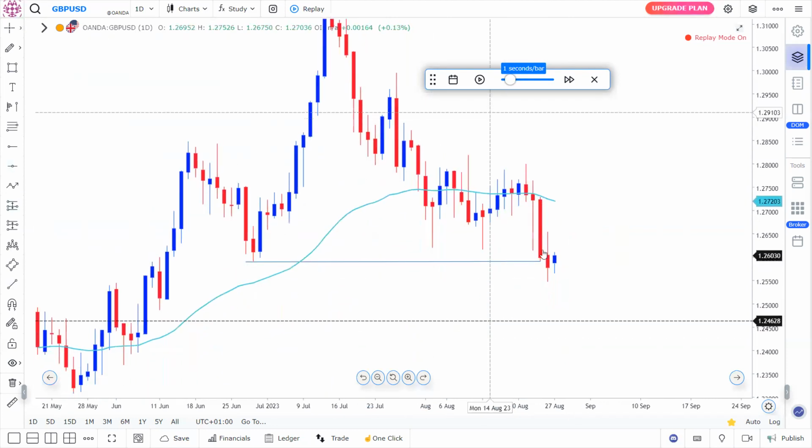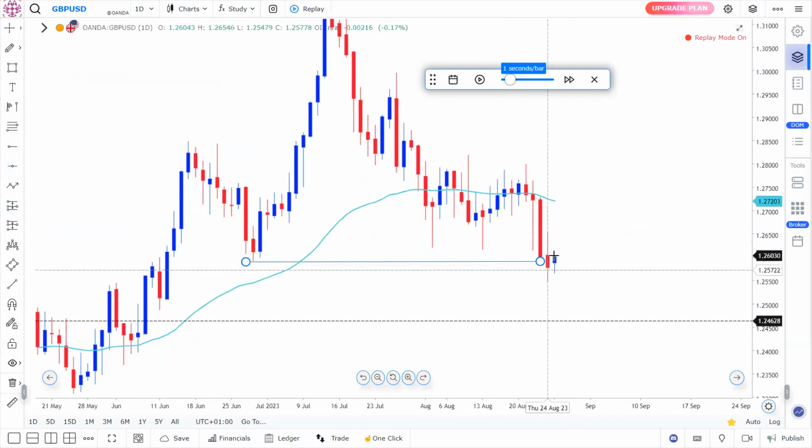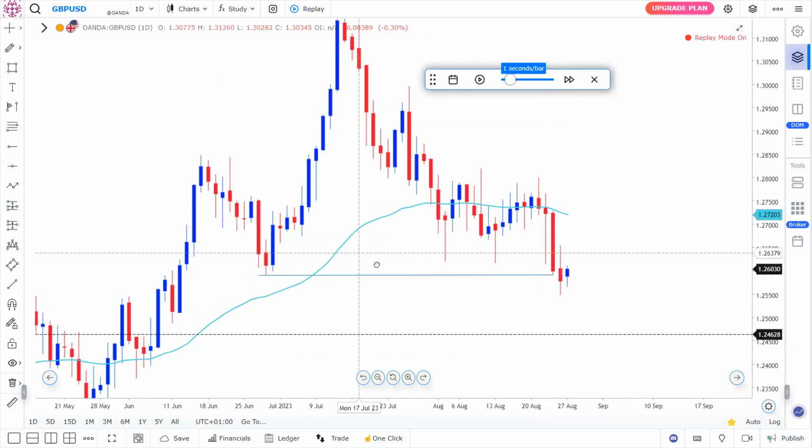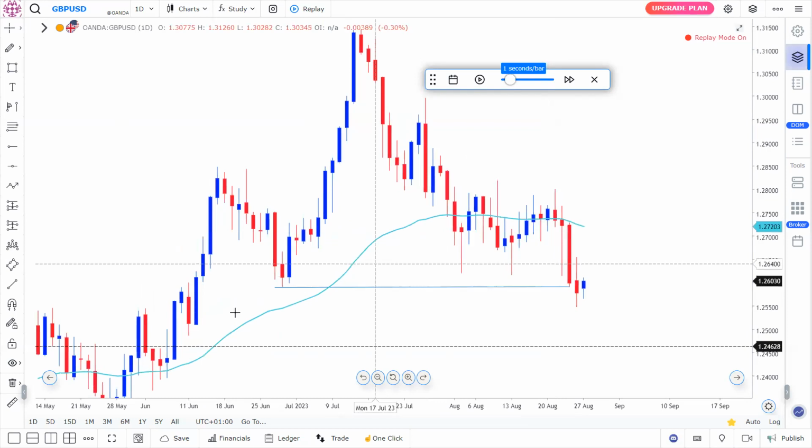And then as soon as we had the daily candlestick close below this level, this kind of confirmed the structure shift also from the daily time frame perspective from a bullish market structure to a bearish market structure.